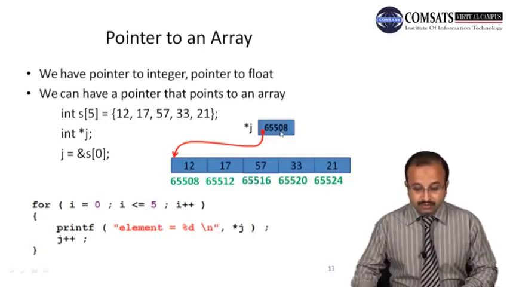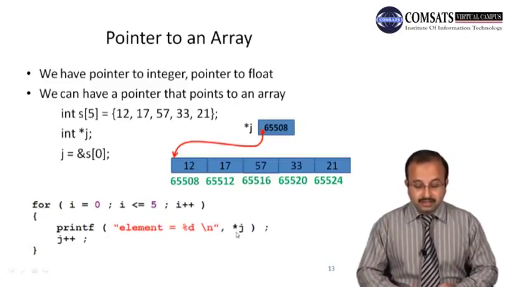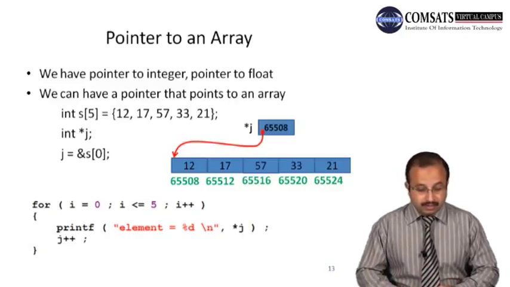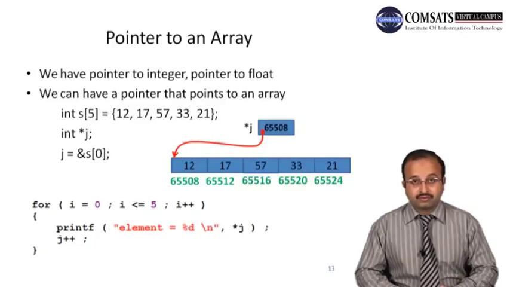So the next value of j is 65512. Then the value of i is incremented. The condition i less than or equal to 5 is true. Then in the printf statement you have element is equal to %d and then *j, and *j is *65512. The value at address 65512 is 17, and 17 will be printed, and so on. You can print the whole array using a pointer. So you can have a separate pointer that points to an array.